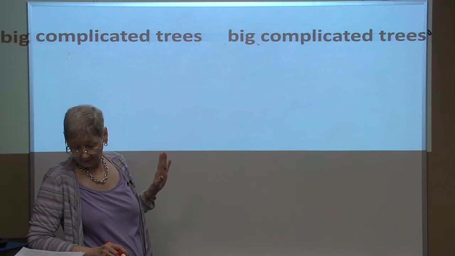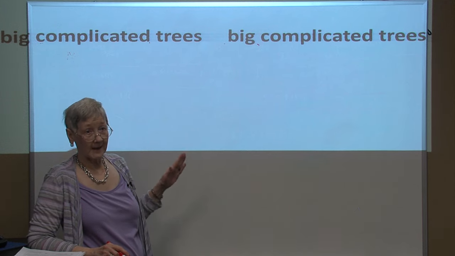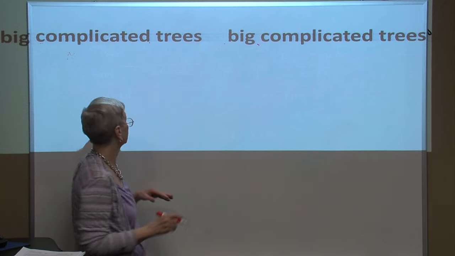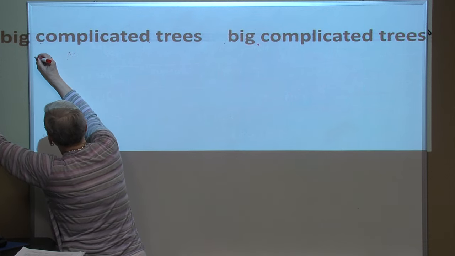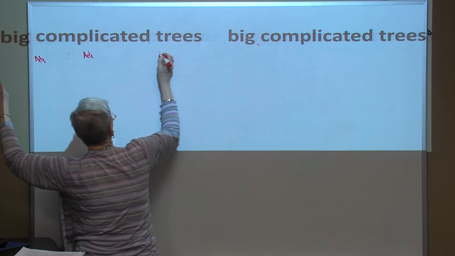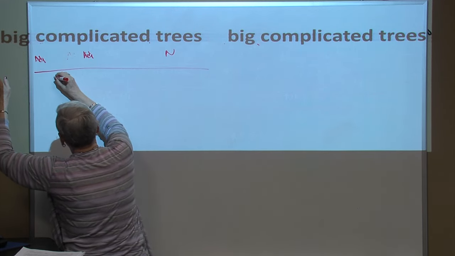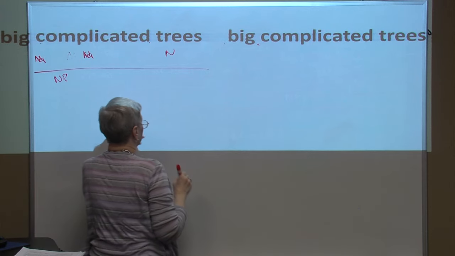So that gives us a clue that these are coordinated adjectives, and it's the same as the phrase big and complicated trees. So big is an adjective, complicated is an adjective, and trees is a noun, and they form one noun phrase.